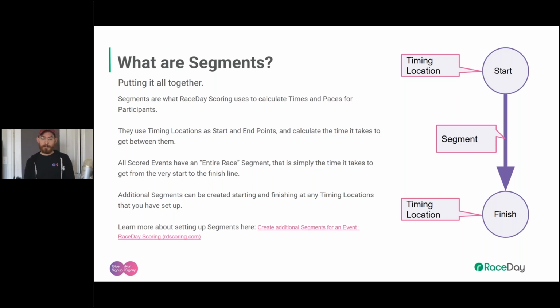I'm going to set up my finish to be a little bit different. I'm going to say the 10K will finish on the second occurrence and the 5K will finish on the first occurrence. Then you could add in additional segments to say, okay, lap 1 is start occurrence 1 to finish occurrence 1. Lap 2 is finish occurrence 1 to finish occurrence 2, and so on and so forth.